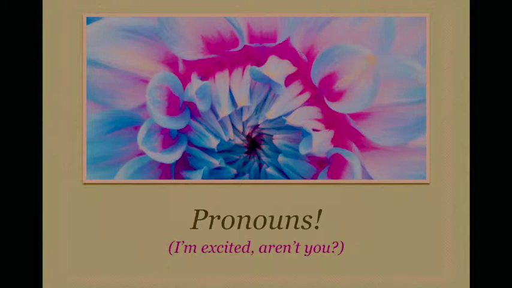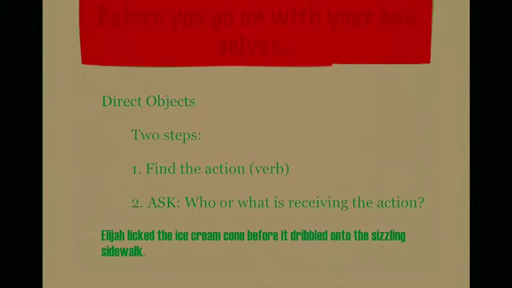Alright, pronouns. You might know what they are. Some of you may not, but that's okay. We'll go through it. First, we have some review. We're going to review direct objects. If you remember, there are two steps to finding out the direct object. First one is to find the action, which is the verb.